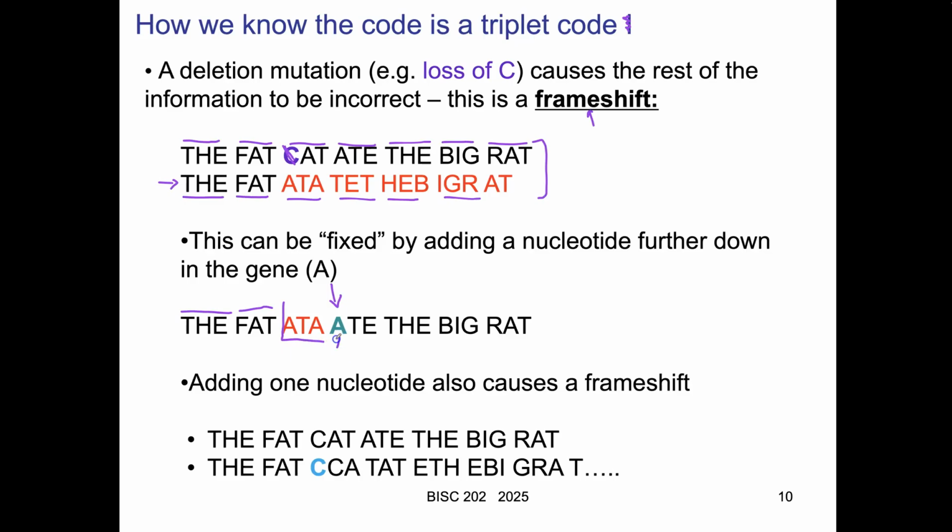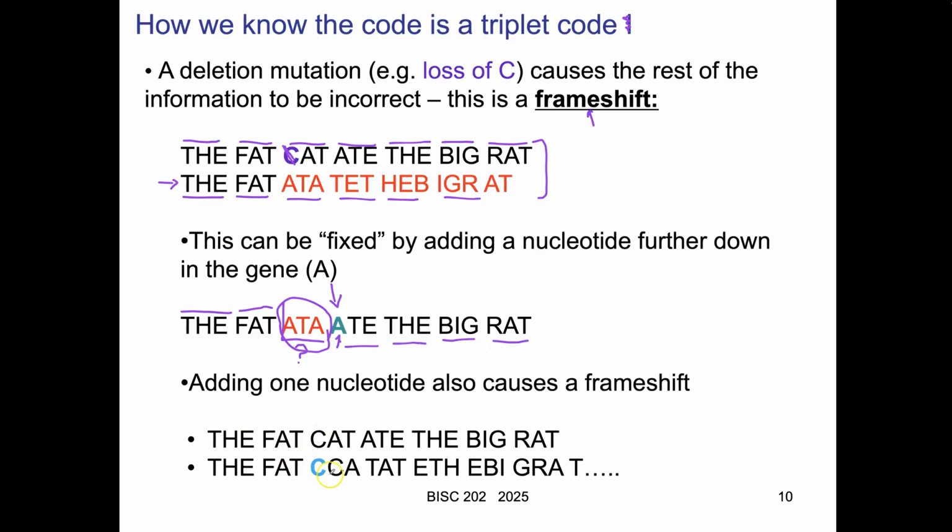But then if you add another nucleotide, everything after that goes back to being read in these threes. This is called restoring the reading frame, because you took one away here, but you added one here. So now the part in between the deletion and the addition doesn't make sense, but the rest of the protein gives you the correct information. So it's the fat something or other that ate the big rat in this case.